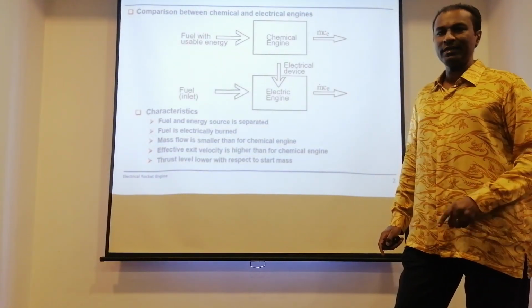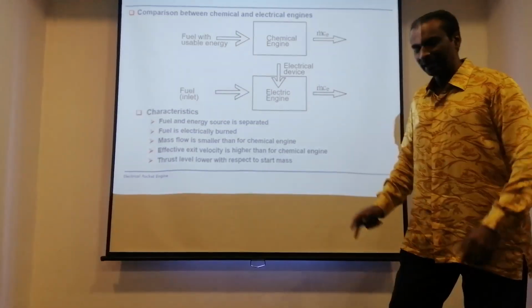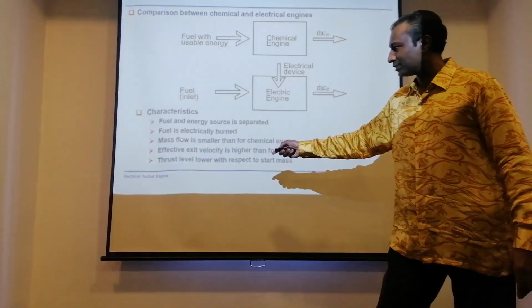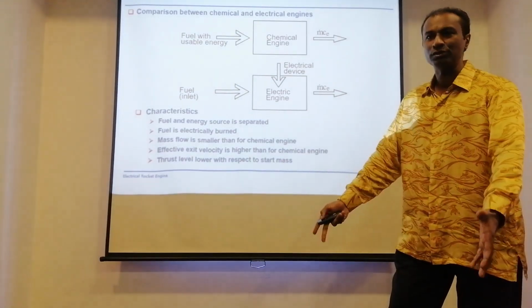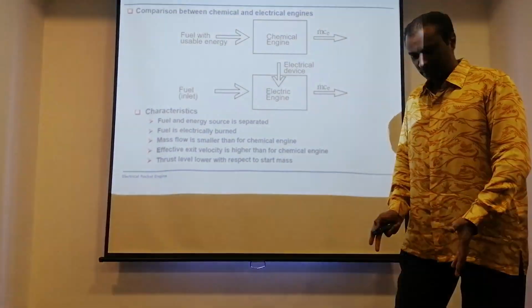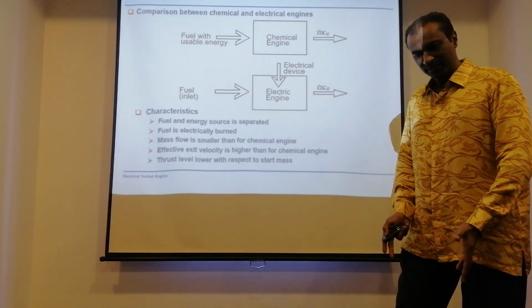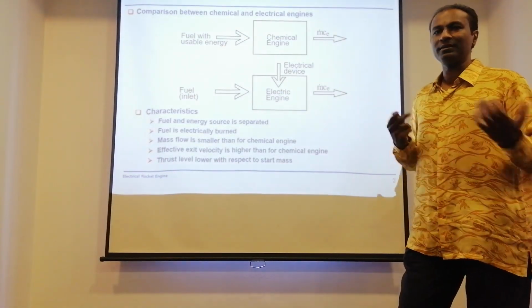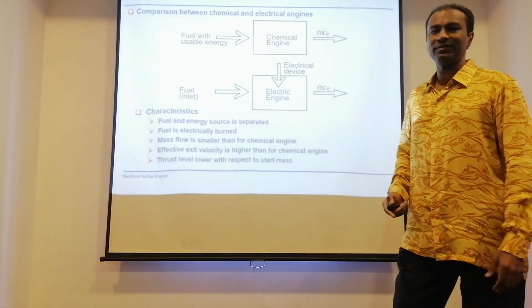But unfortunately, for the engine itself, if the mass flow is low, the force is going to be low, which means it cannot help me push the engine or payloads out of planet Earth fast. So you see that there is an advantage and a disadvantage.